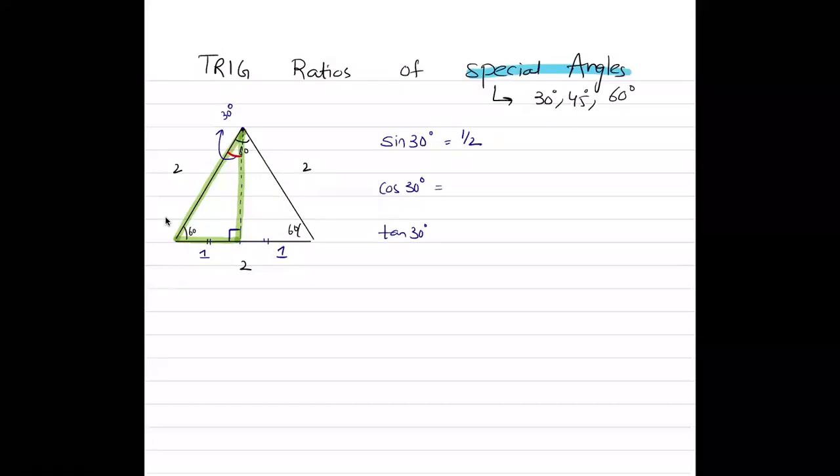Now you need to calculate this side. How are we supposed to calculate this side? Using Pythagoras theorem. So please calculate this side for me using Pythagoras theorem.